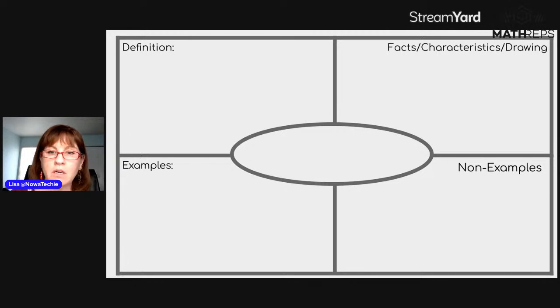For vocabulary purposes, you can write the definition, write some facts or characteristics about it. And we'll see an example of that in just a minute. I did do this a few years ago with my fifth graders. We'll look at some examples and then non-examples. And so this helps students to understand and identify what each term is.